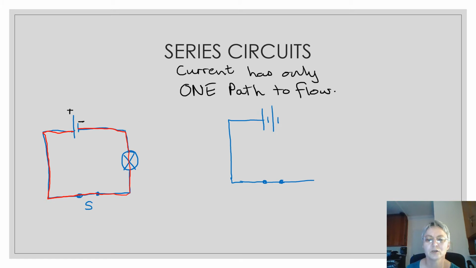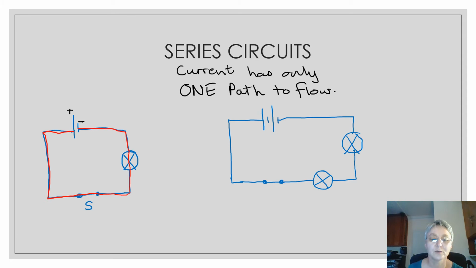And I'm going to draw another light bulb here after the switch, and then carry on around the corner, and there is another light bulb there, and we draw the connecting wires back to the battery.